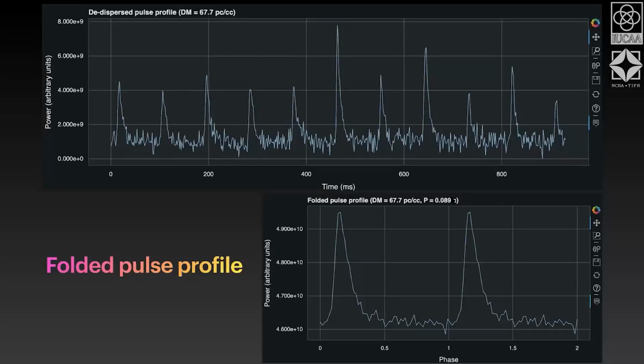So if you take any ith sample, divide that by this number, throw away the integer part because you're not interested in counting the pulse number, you're interested in the relative location of the sample in the folded version. And that you multiply by some other number if you wish to, 100 or 50 or whatever it is, the number of bins over which you would like to represent the average profile.